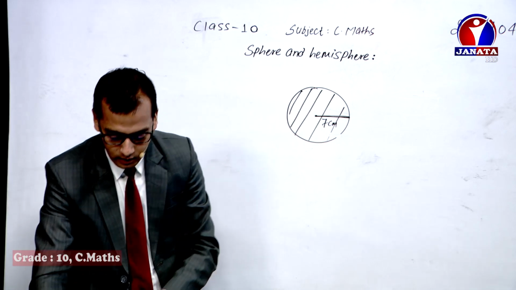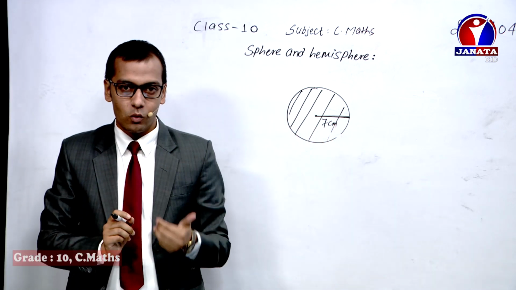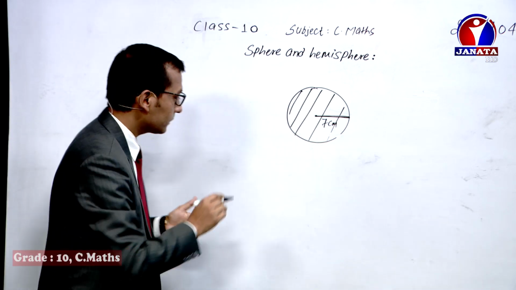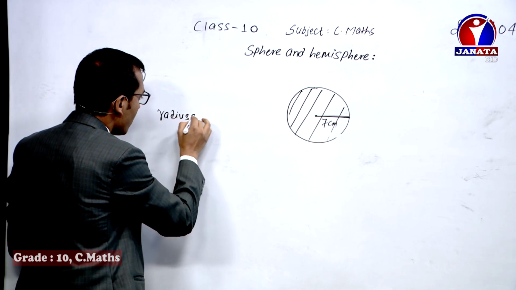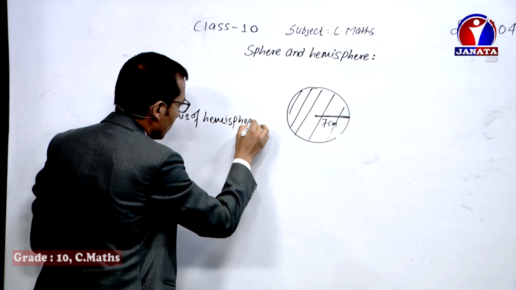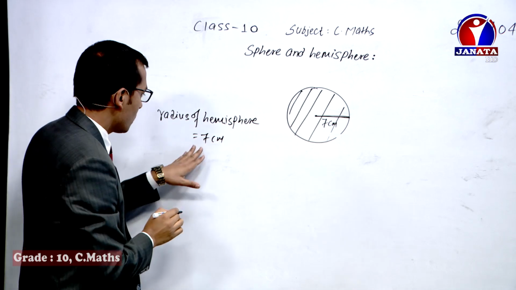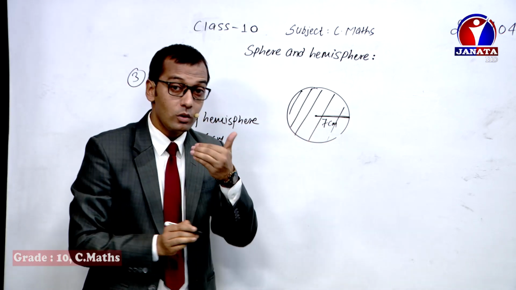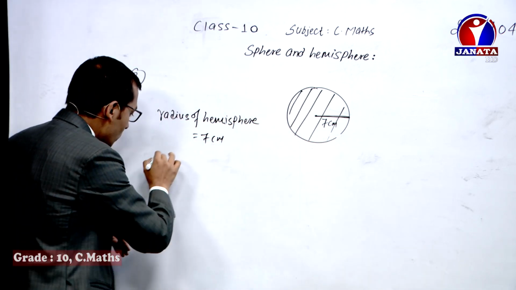So what is the radius here? The radius of a sphere is equal to the radius of a hemisphere after cutting the sphere into two halves. It's the same, 7 centimeter.